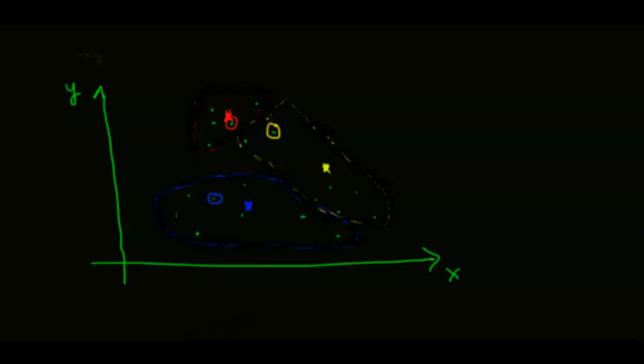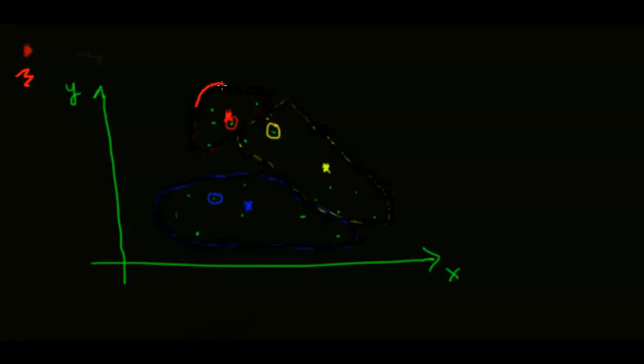So let's bring back our pen here. Maybe our pencil. And now, yeah, that's what we want. Maybe this. Yeah, there we go. All right, so now using this new red centroid, this new yellow centroid, this new blue one, we're going to redraw the clusters.